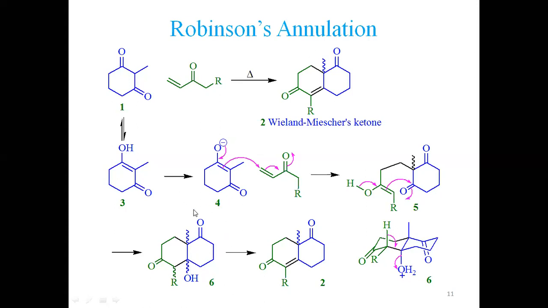Just focus here. This structure presented in blue is coming from structure number 1, which is our donor species. And this structure presented in green is in fact this molecule. You see, first this carbon acts as a donor species, which is this one. This carbon is a donor species, and this beta carbon, which is in fact this carbon, is an acceptor.